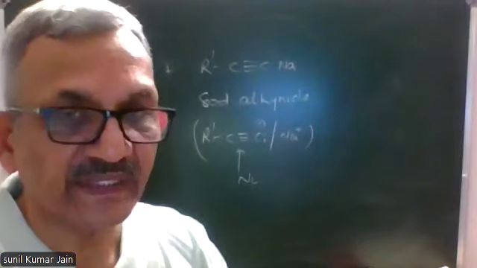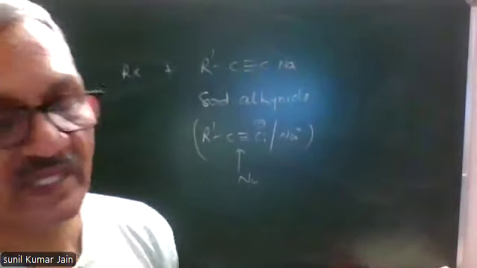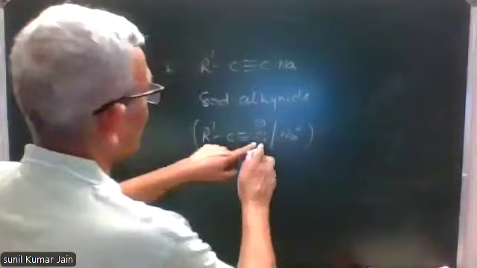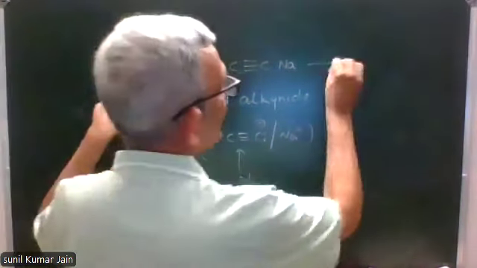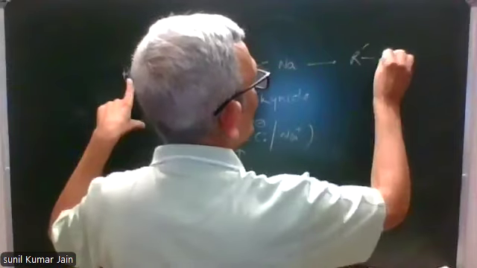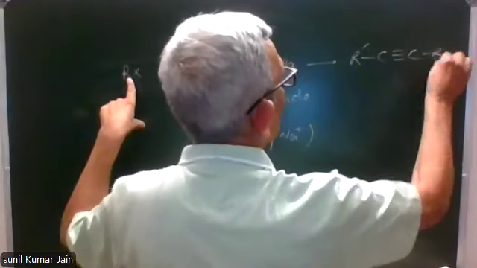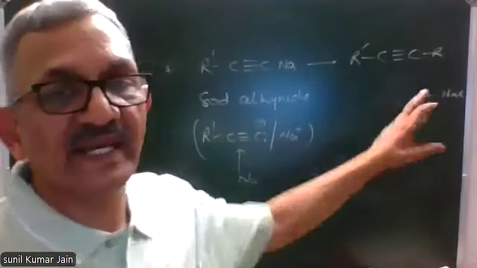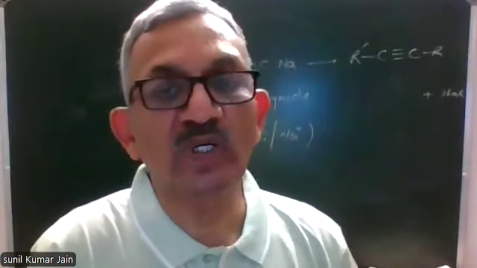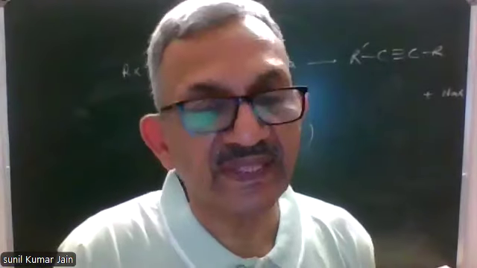Ethynide, propynide, butynide will be the nucleophile. This carbon will form a bond with this alkyl chain. We get an alkyne with more number of carbon atoms. That is, we get a higher alkyne.